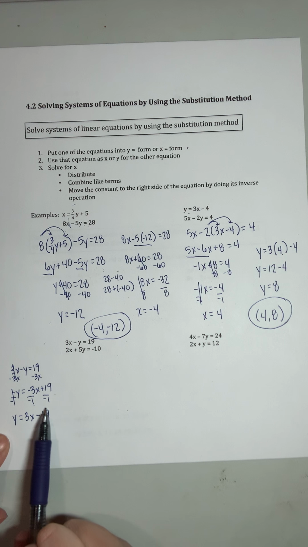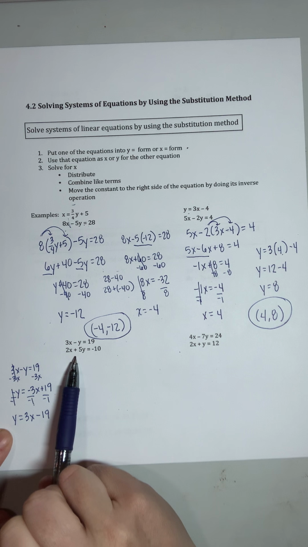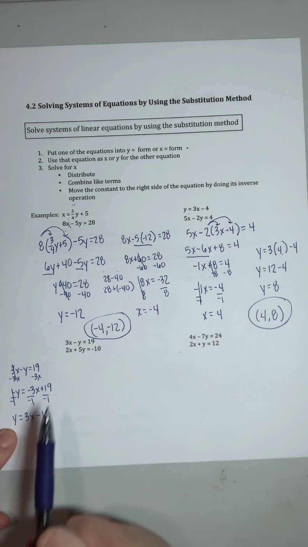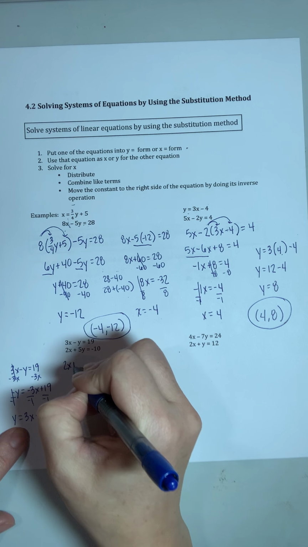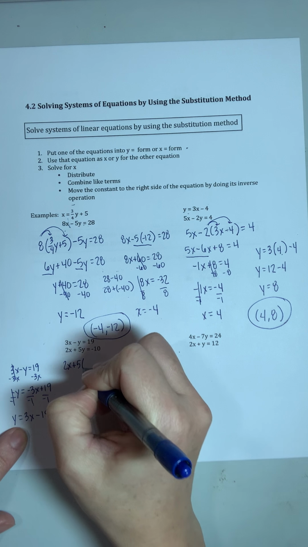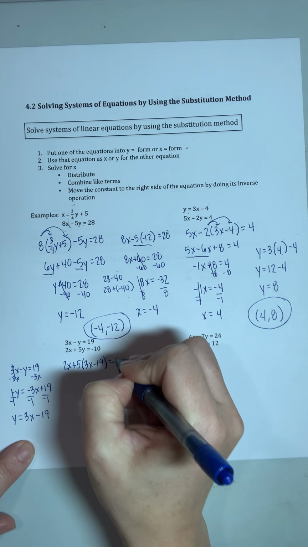So now I can use this equation and plug it in to my second equation. So anywhere I see the y, I'm going to put 3x minus 19. So I have 2x plus 5 times 3x minus 19 equals negative 10.